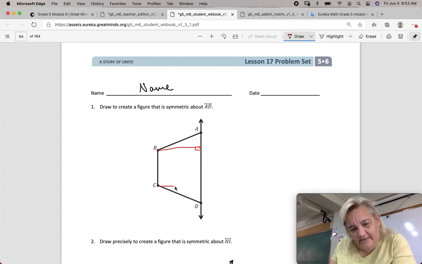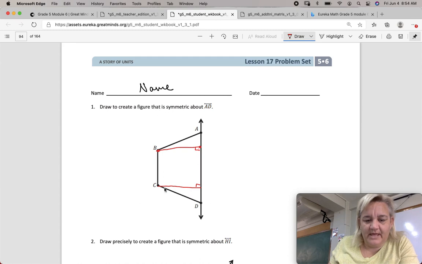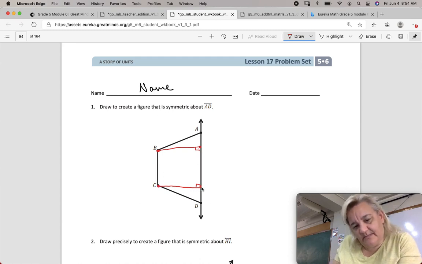Okay, now that I have two perpendicular lines to the line of symmetry, I'm going to measure those lines with my ruler. And I'm going to take those lines and draw them identical on the other side. I'm measuring them to make sure that they're the same size.